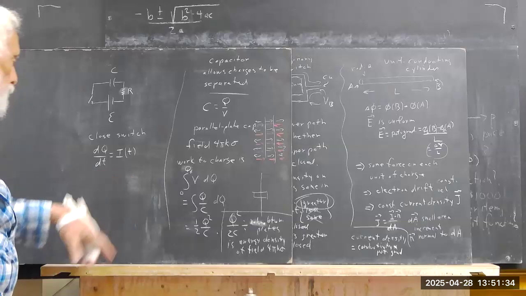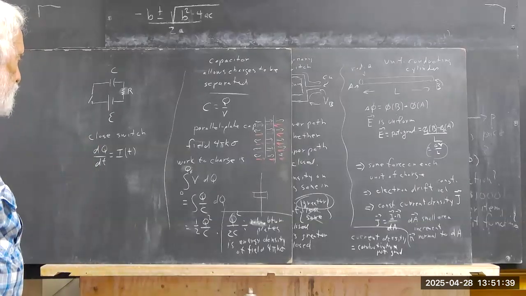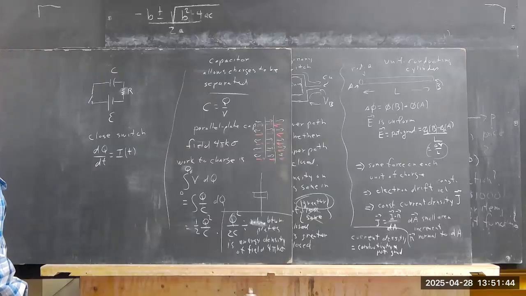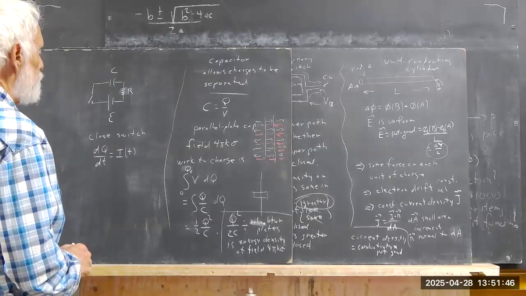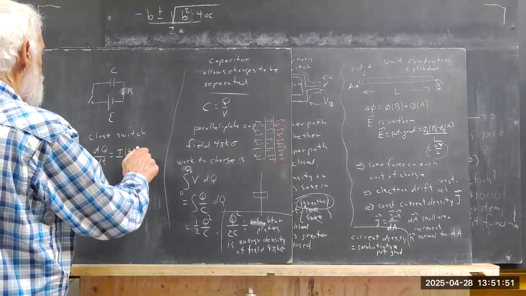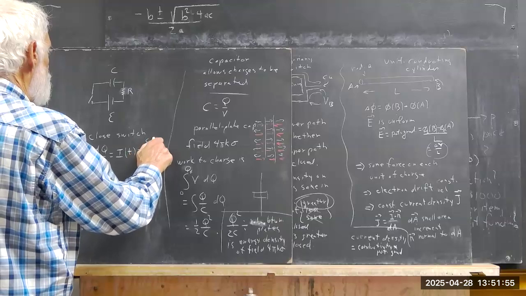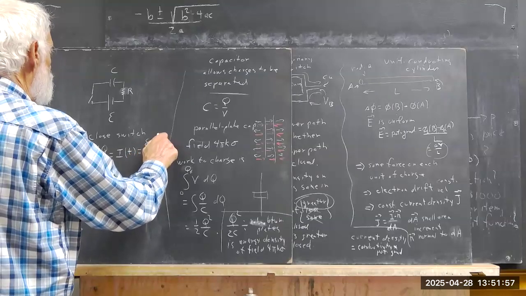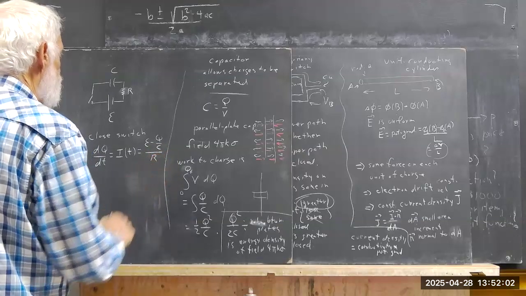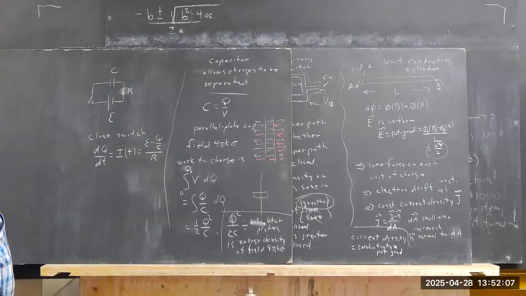You get a current i of t. So dq dt equals i of t, equals whatever your EMF is, minus Q over C, times R.